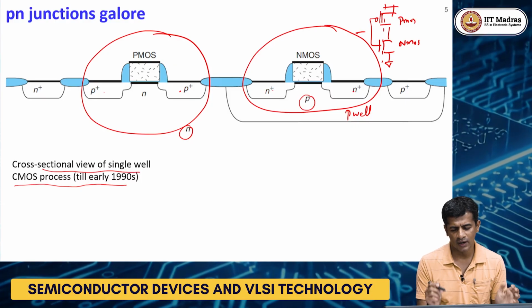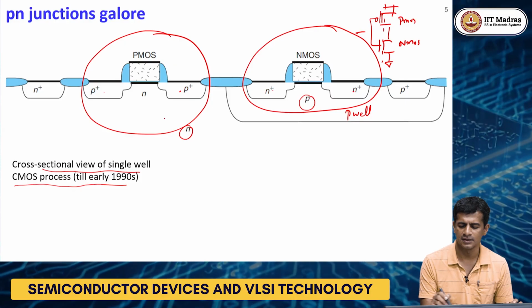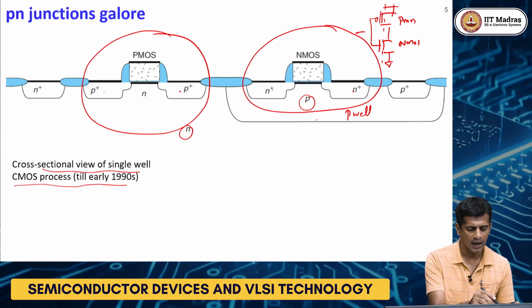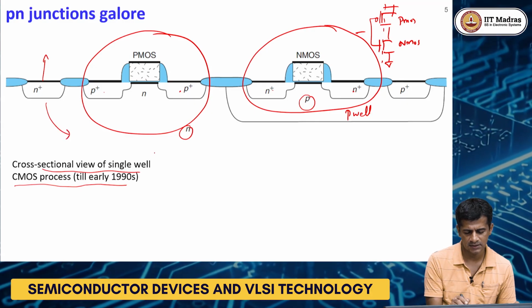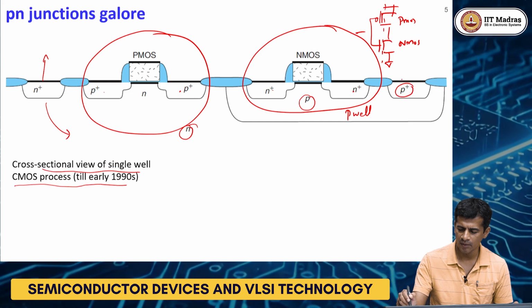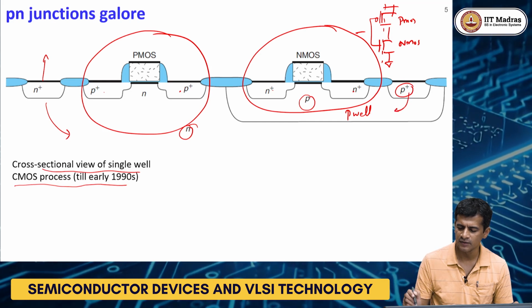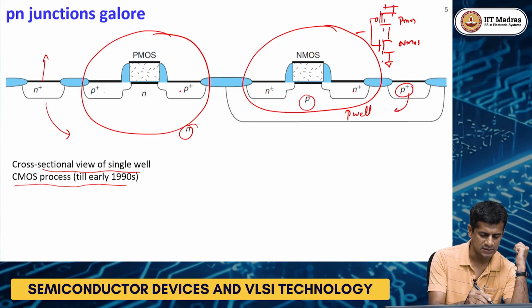If you look at the junctions, this is only for making the transistor, and this is to make the contact to the substrate. This is an N plus junction that is to contact the substrate. You have a P plus region here that is to contact this P well. If you look at the number of junctions, let's count from here.